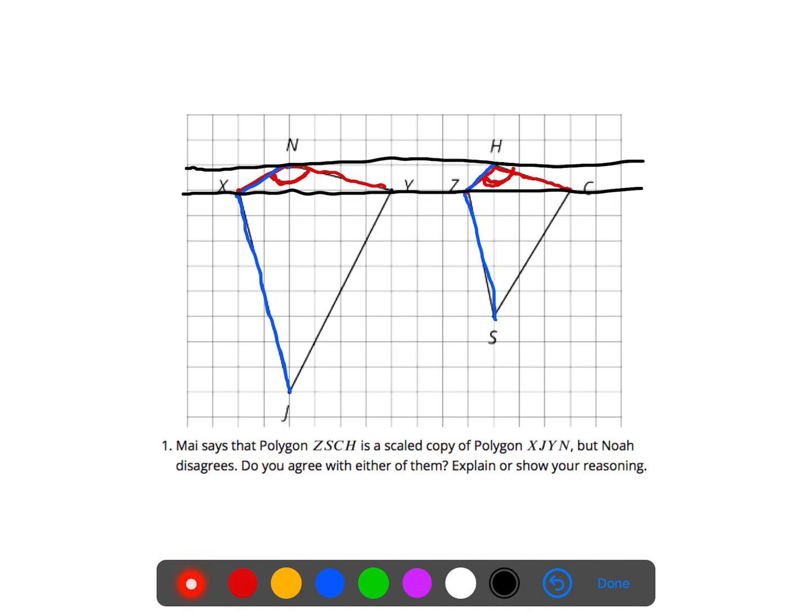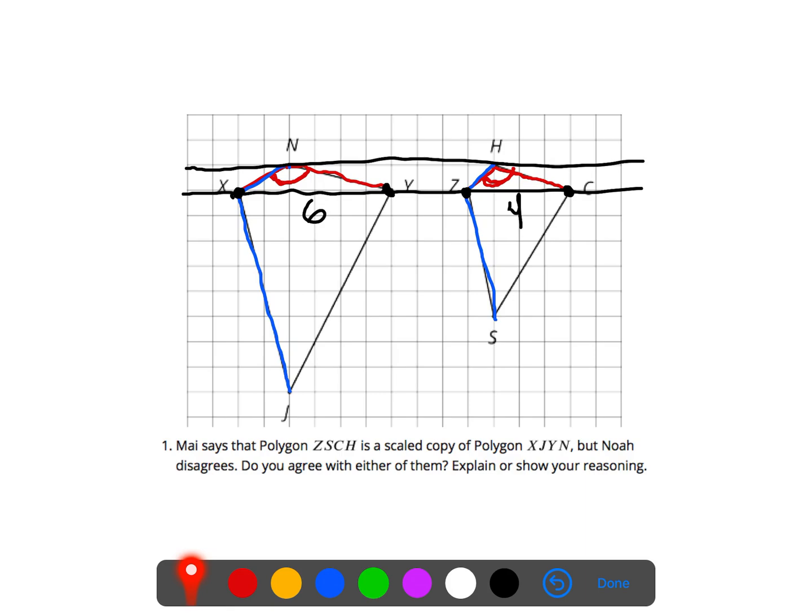But what's happened is we've stretched this top angle over 6 spaces between X and Y, and it's only been stretched over 4 spaces or 4 units between Z and C. Now that cannot be the same angle because of those changes, so that's distorting the image. Even though these two figures look similar, they are distorted because it hasn't been consistently changed.